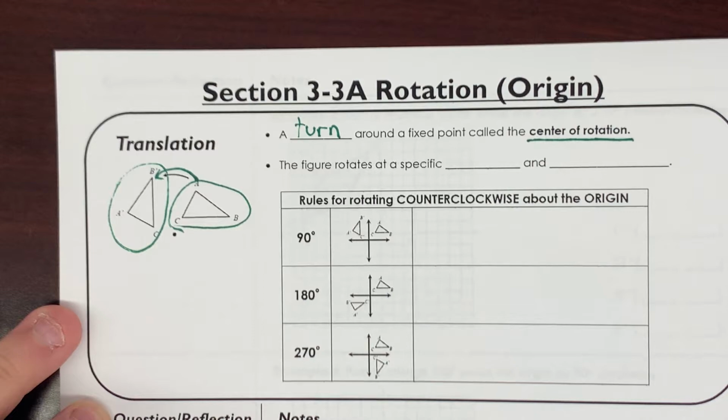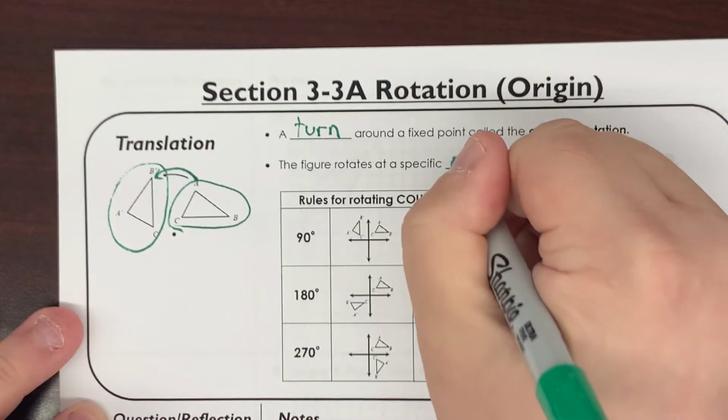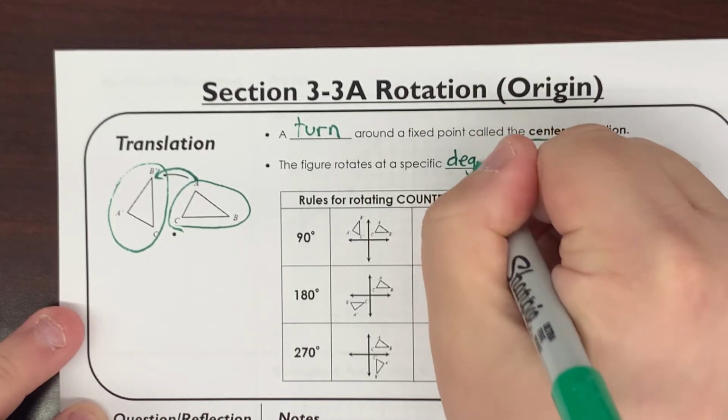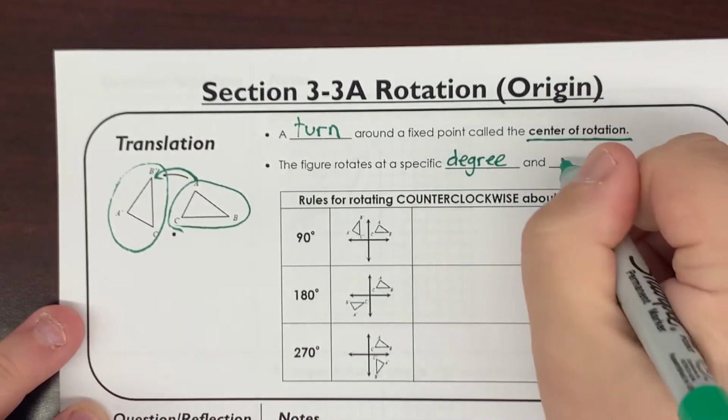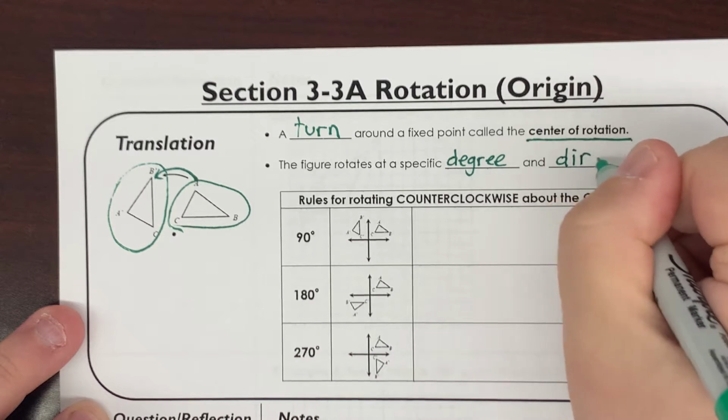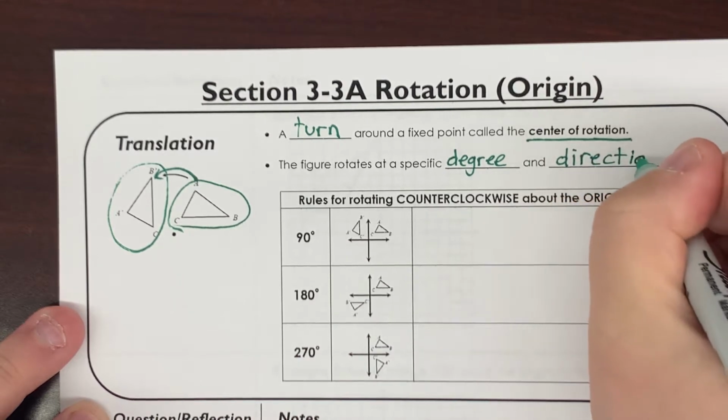Every rotation has two components to it. You are going to have a specific degree measure, commonly 90, 180, or 270, and a direction, clockwise or counterclockwise.